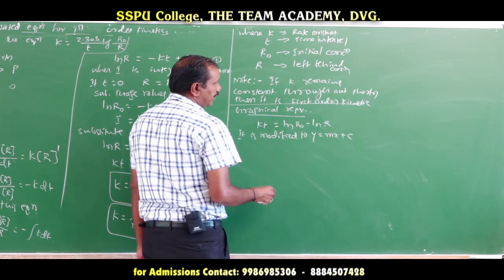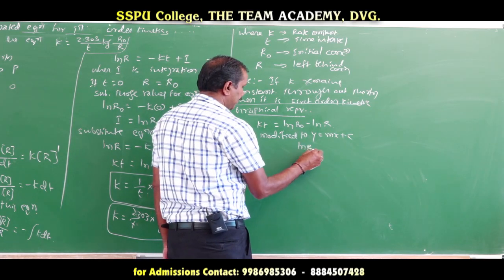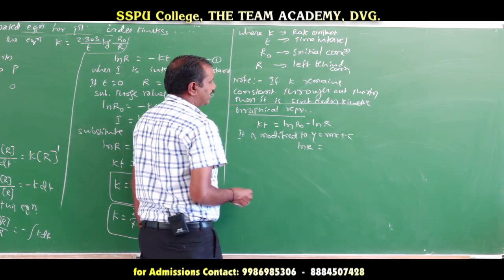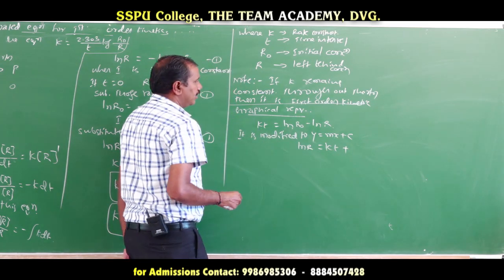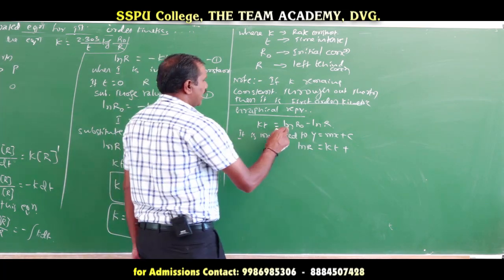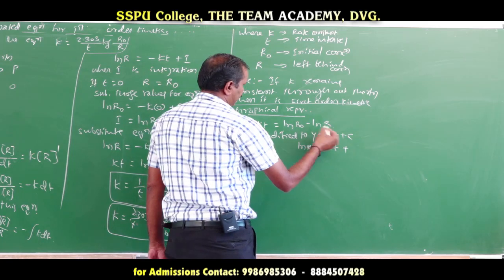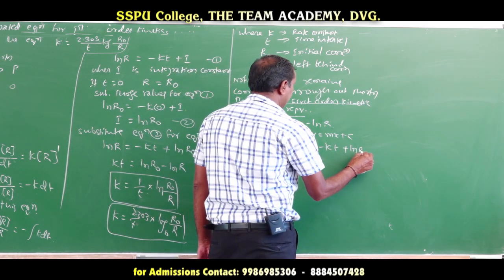On the y axis you write ln R, the concentration of reactant left behind, which equals slope, that is Kt, plus C. C is nothing but ln R naught. So here Kt we should take to this side, which means minus Kt plus ln R naught.